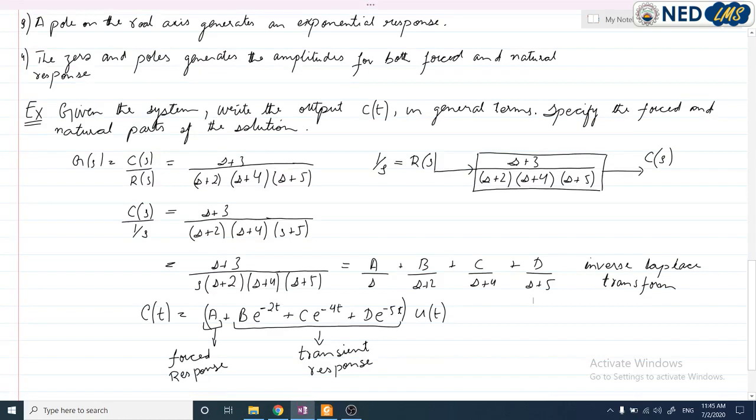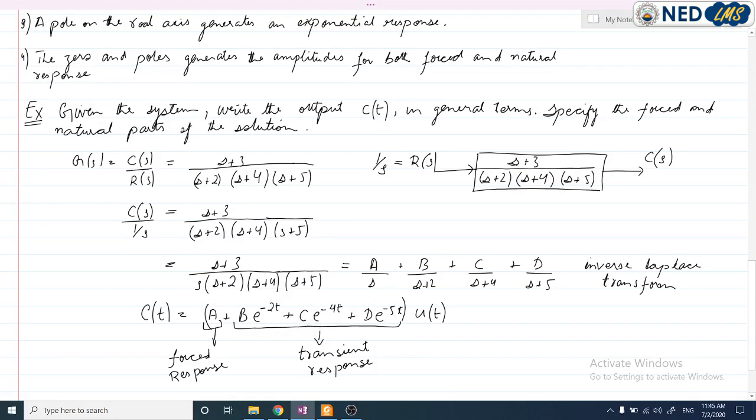So we can conclude that the input pole at origin produces the forced response, and the system poles on the real axis produce the transient response.